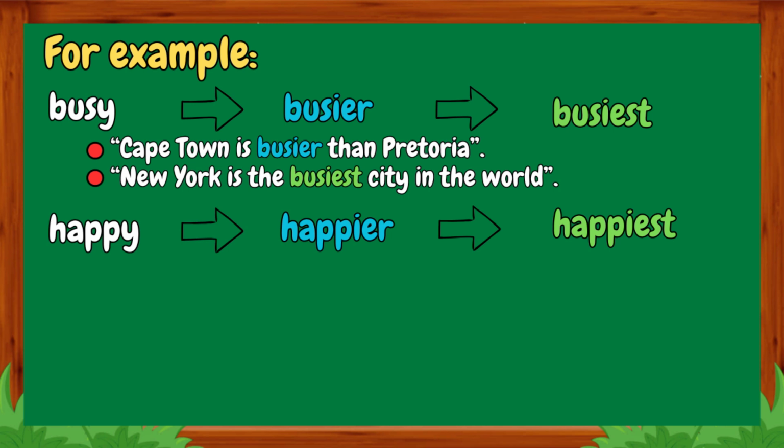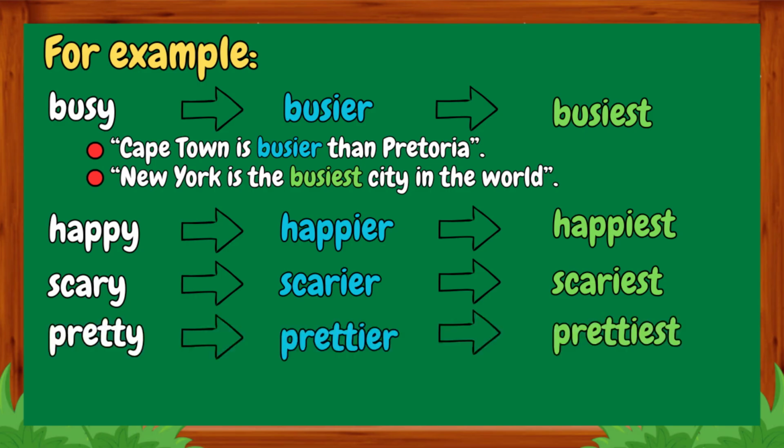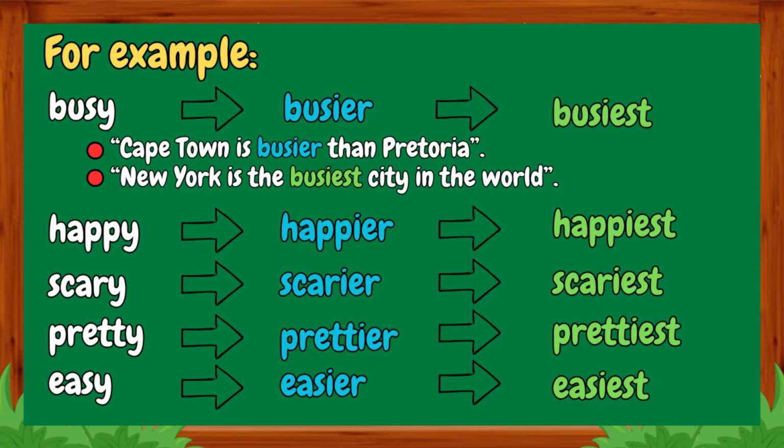Let's go look at some more examples. Happy, happier, happiest. Scary, scarier, scariest. Pretty, prettier, prettiest. Easy, easier, easiest. Let's go see how we form the next group of comparative and superlative adjectives.